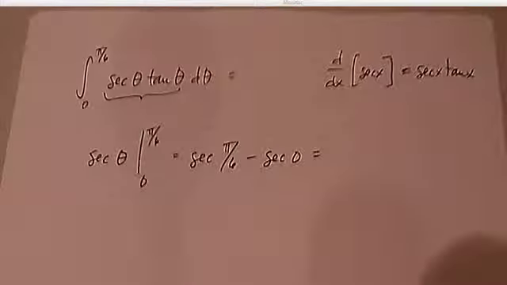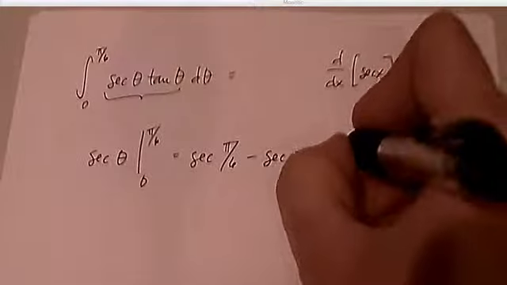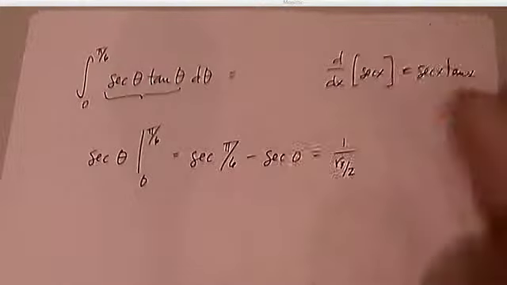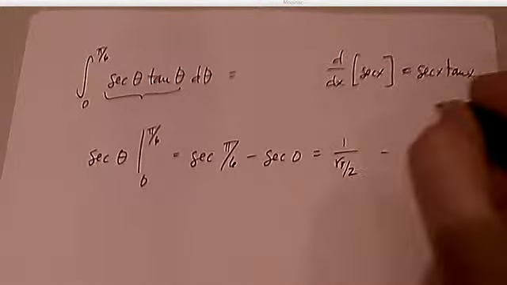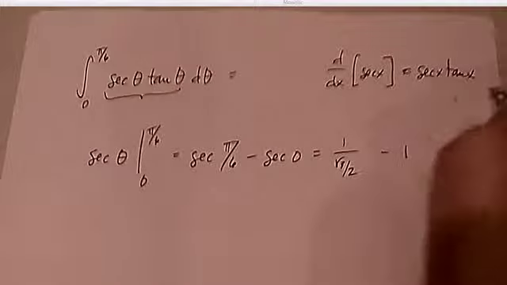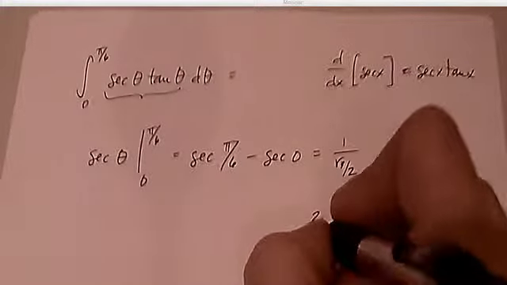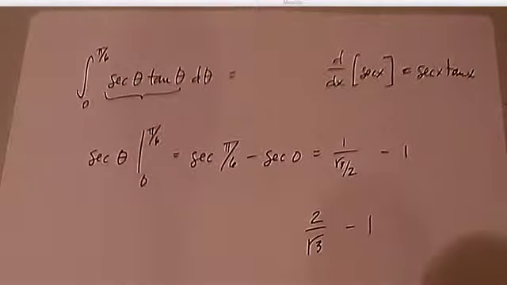Well, what's secant of pi over 6? Well, I know that cosine of pi over 6 is what? Well, cosine of pi over 6 winds up being root 3 over 2. Okay, so this is 1 over root 3 over 2. And then secant of 0 is 1. So that's 2 over root 3 minus 1.